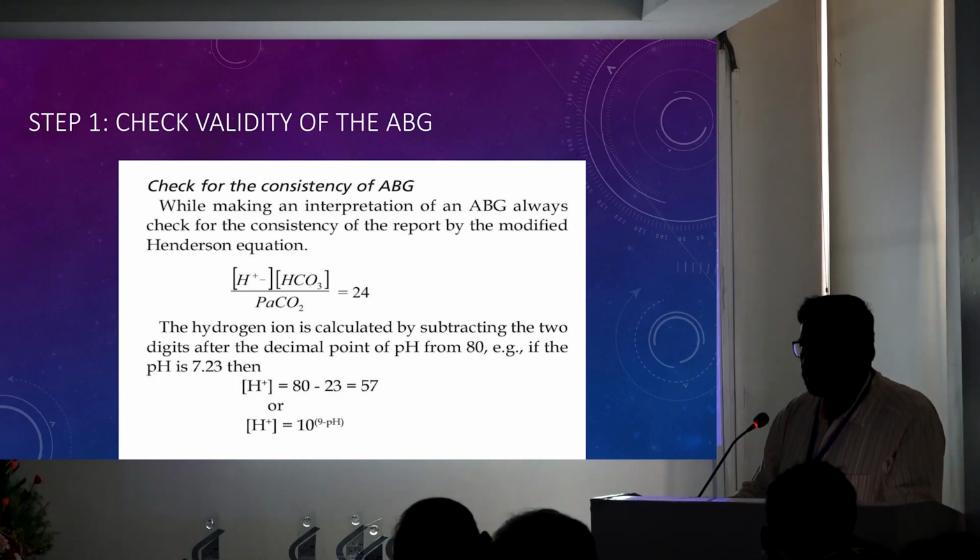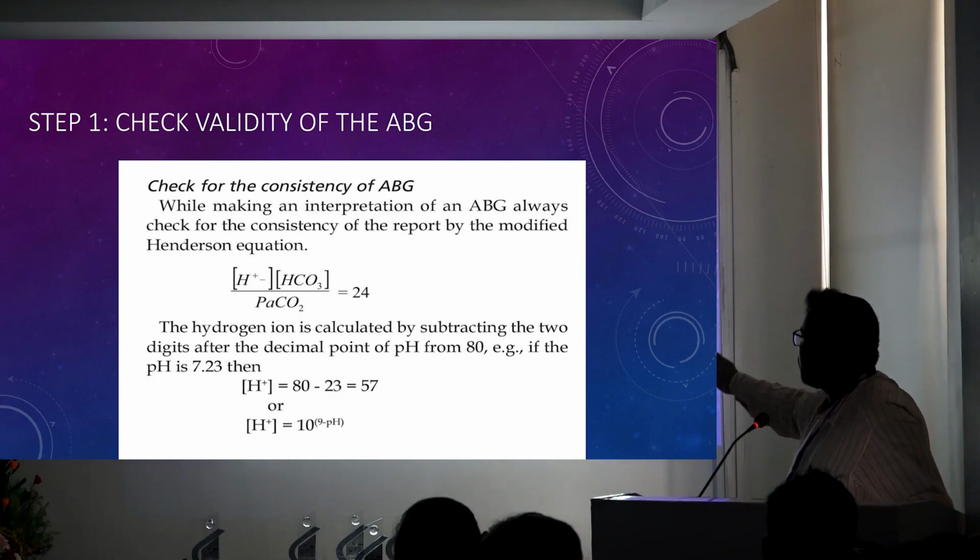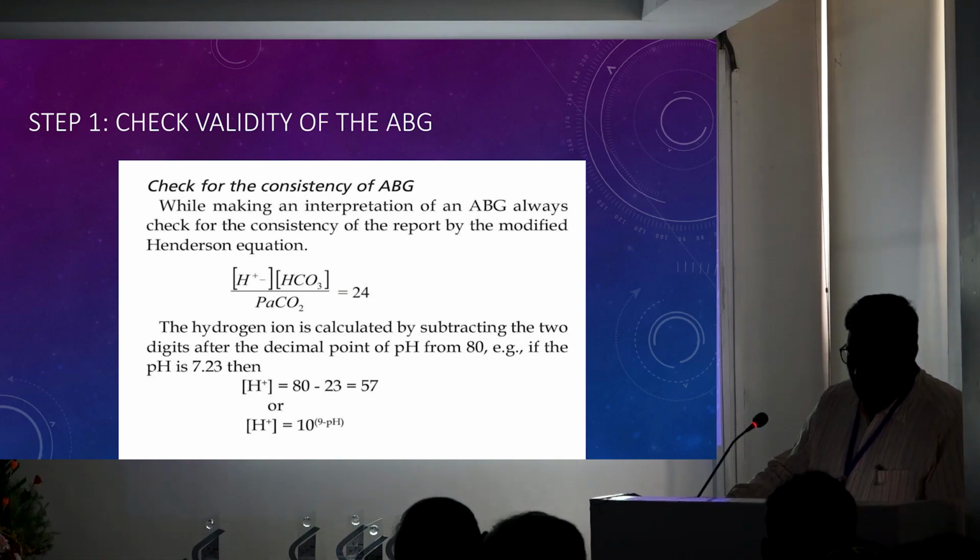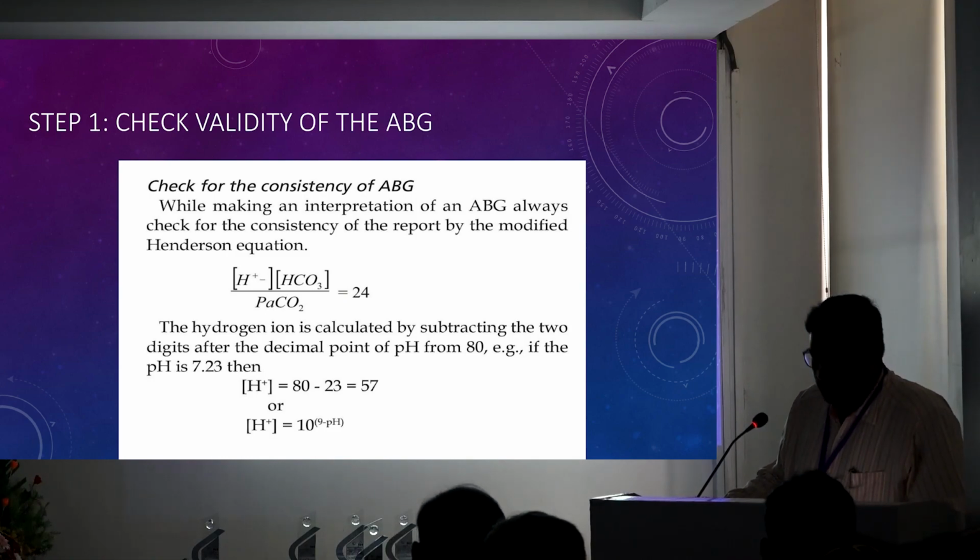Bicarbonate concentration and PaCO2 we get directly from the machine, and we cross-check them by this Henderson-Hasselbalch equation. The product of hydrogen ion concentration and bicarbonate over PaCO2 should be around 24.